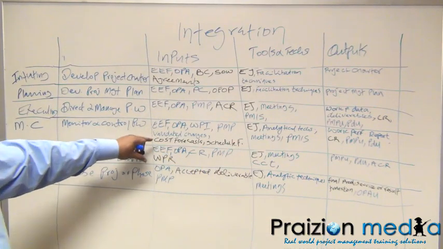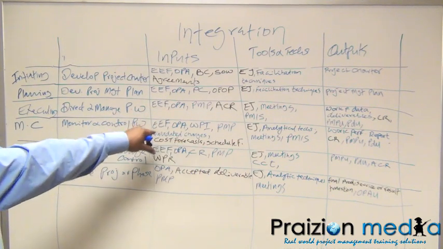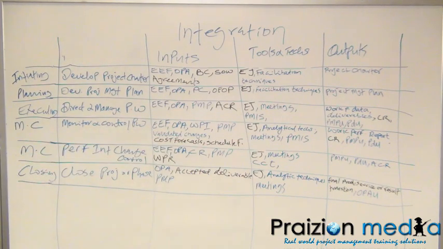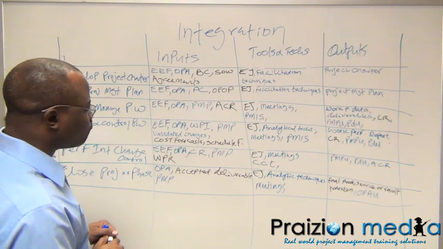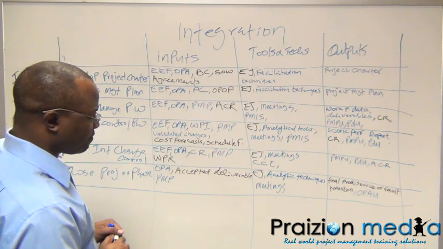So your schedule forecast and your cost forecast, along with your work performance information, is going to help you come out with a well-rounded work performance report. And that is beginning to look like it, unless I forgot or left anything out. That to my knowledge should be about it.